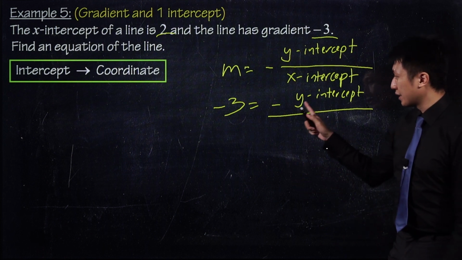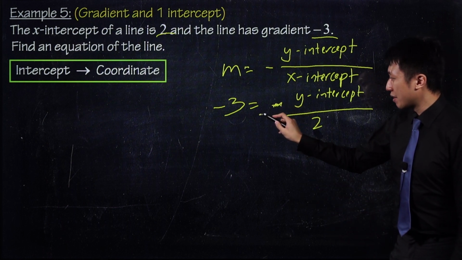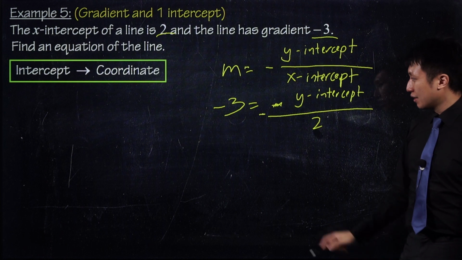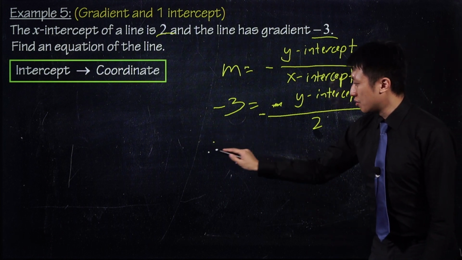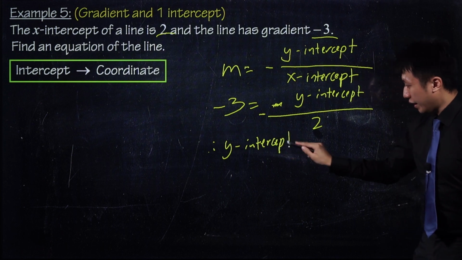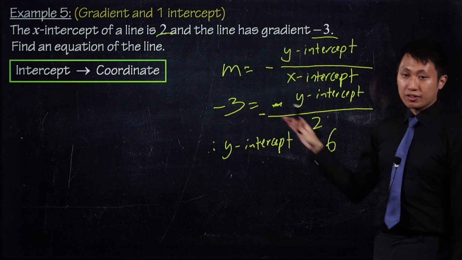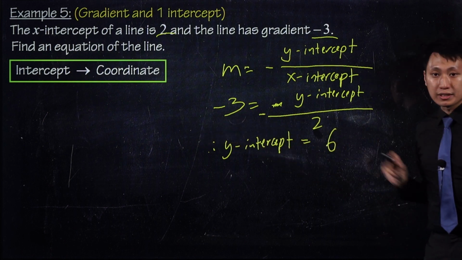Because here I have minus, if you don't write minus here, you can write minus outside, so it's easier to see. So I can multiply over. So my y-intercept is equal to positive 6. Minus 2 times minus 3, you multiply over, is positive 6.